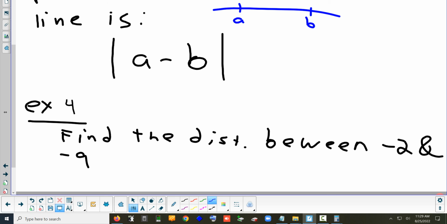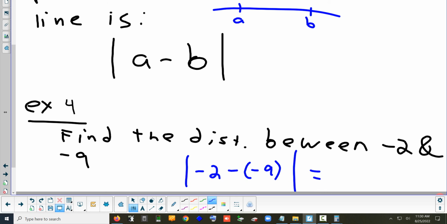It would be the absolute value lines, and then -9 or -2, and it doesn't really matter. We can do -2 if you want to do it that way, and then minus -9, and then the other line. That would be the calculation that you would do.